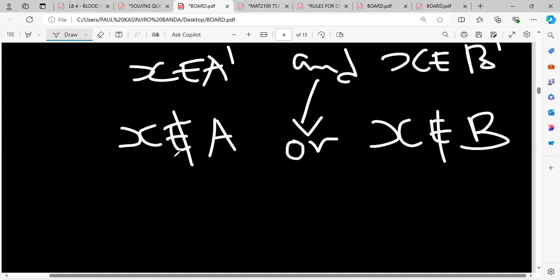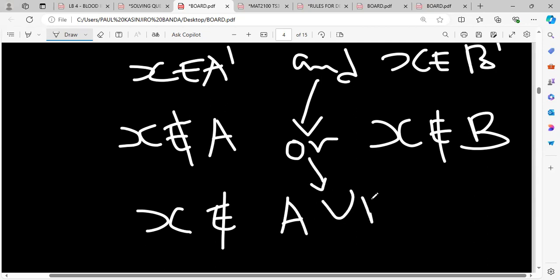Okay, so if X is not a member of A, and if that X is not a member of B, then it means that what? It means that X is not a member of A, and then this "or" here becomes the union, and then I have B. Okay, so X is not a member of A union B.